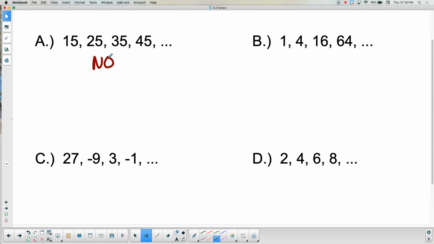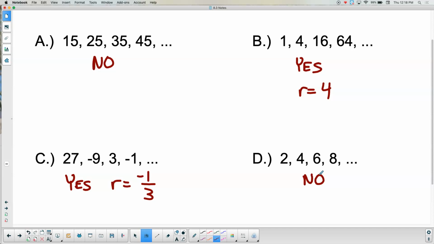Because we're adding a constant 10 every time. Second one, geometric? Yes. What's my R value? 4. Third one, geometric? Yes. R value? -1/3. Yep. Fourth one, geometric? No. Arithmetic? Yes. What's my common difference? 2. Yep. Adding 2 every time.